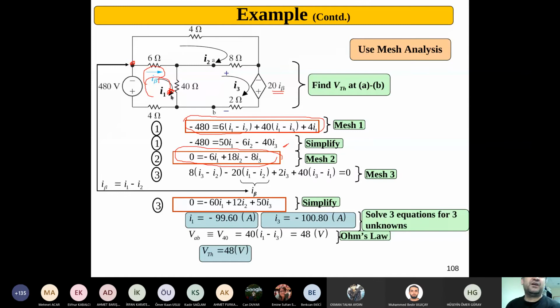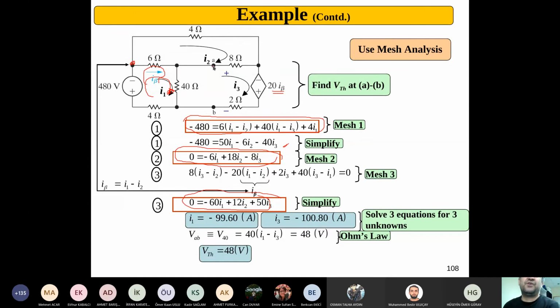That is 40 times I3 minus I1 plus 8 times I3 minus I2 plus 20 times I of B, where I of B was I1 minus I2, and 2 times I3 should be equal to 0. This is the third mesh equation, by the way. 3 equations and 3 unknowns. Unknowns are the current values, and you can easily find them.